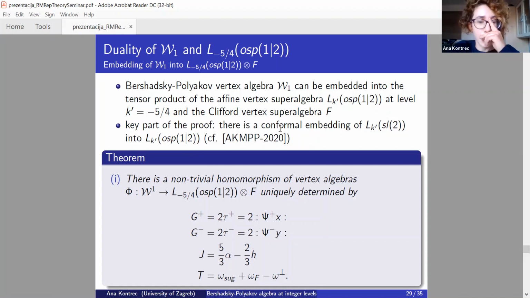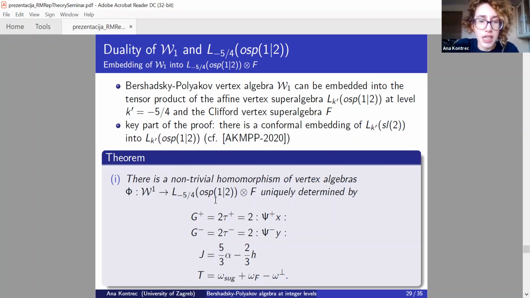Using this, we can construct a certain homomorphism of vertex algebras, one homomorphism phi, which goes from W1 to the tensor product of L minus 5/4 OSP(1,2) tensor the Clifford vertex algebra.